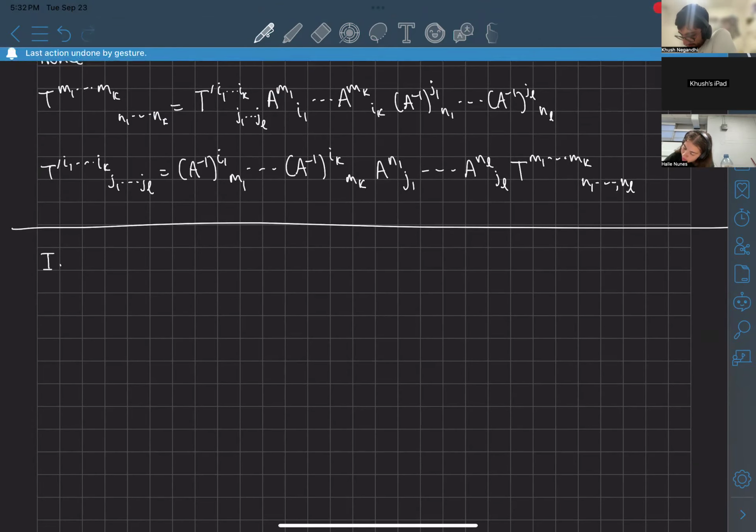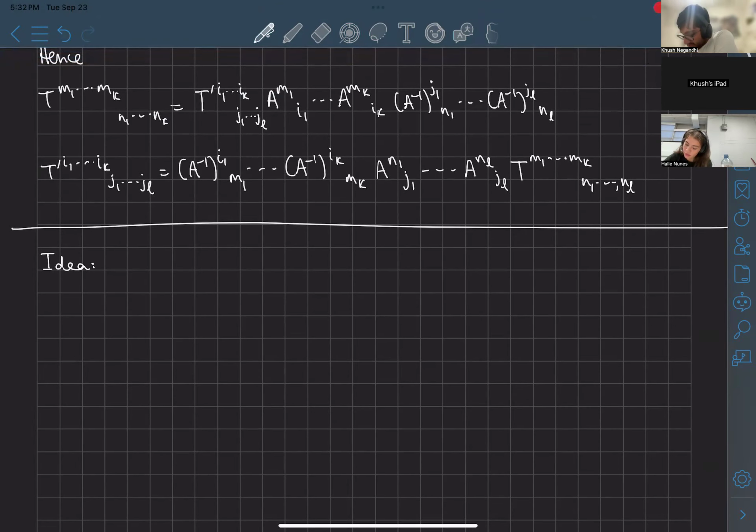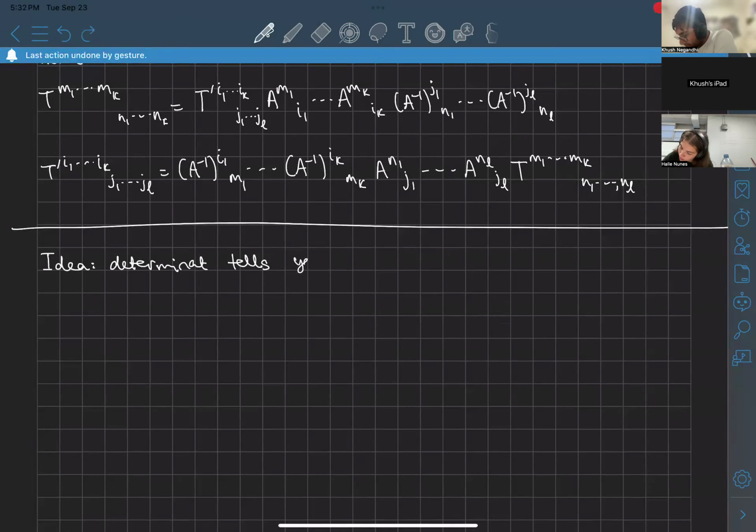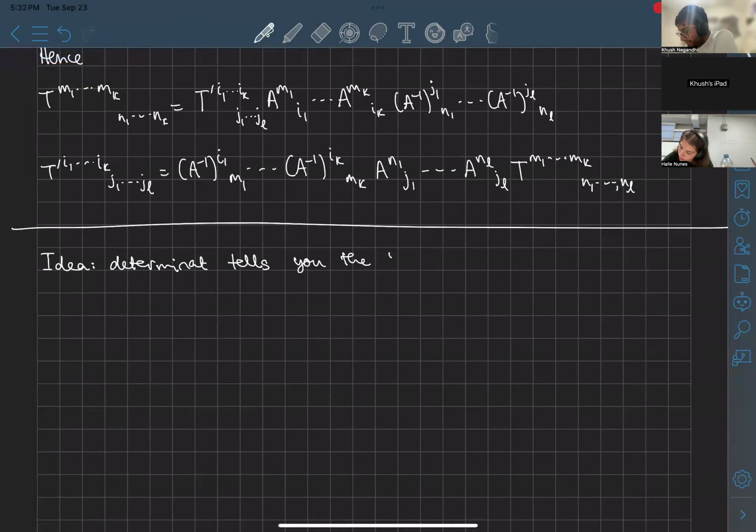The idea is that the determinant tells you the hyper area of the parallelogram.